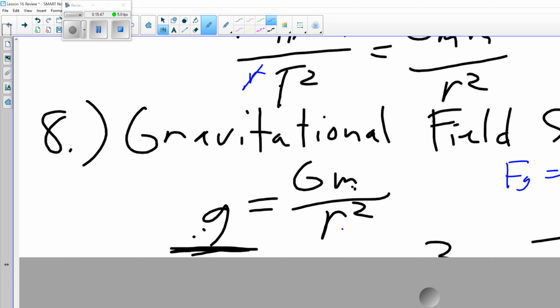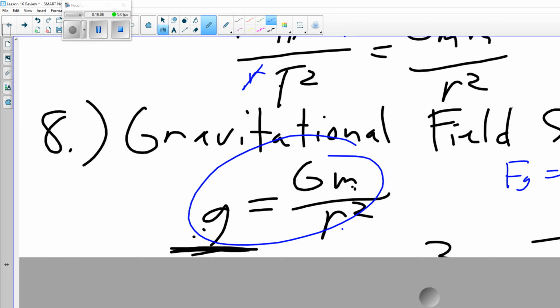Because again, all things fall at the same rate regardless of their mass. So what happens to M2? It cancels, and that's where we get this formula from. So we're saying force of gravity equals force of gravity. That makes this mass irrelevant. Now it calculates the acceleration due to gravity at any point.